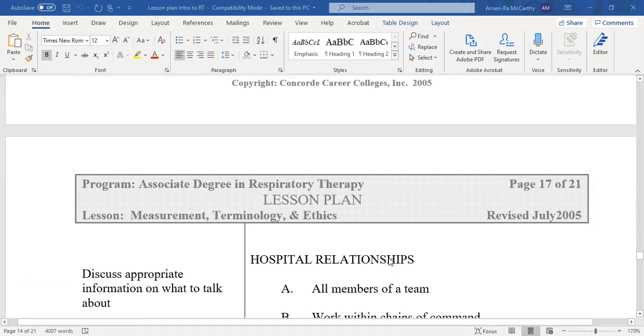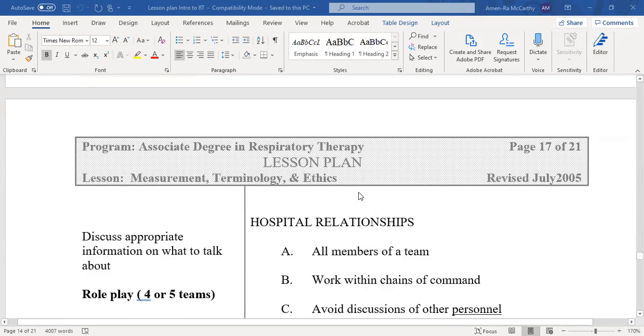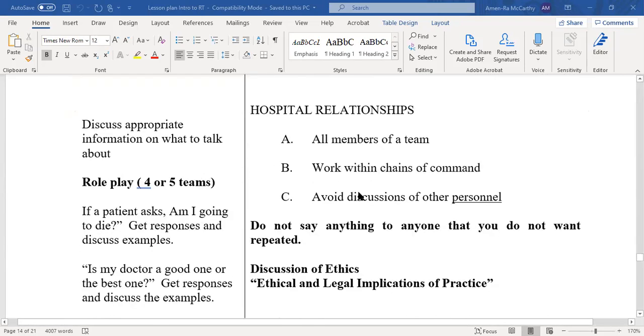When you are talking about somebody, try to use their initials or description instead of their name, okay? Just try to say, you remember the guy in 13, don't even say 413 or 313, just 13, right? Nobody knows who you're talking about. That's how you discuss stuff like that, okay? All right.